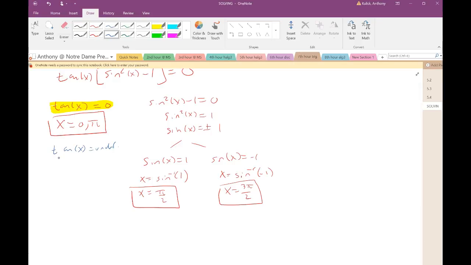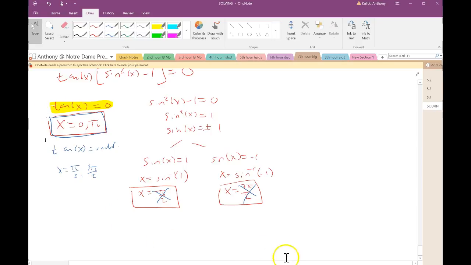So I need to worry about where the x-coordinates are 0. That happens at pi over 2 and 3 pi over 2. Notice that those are other answers that I have. So I can discard those answers because it won't actually equal 0 there, since I have an undefined. So my only answers then are 0 and pi.